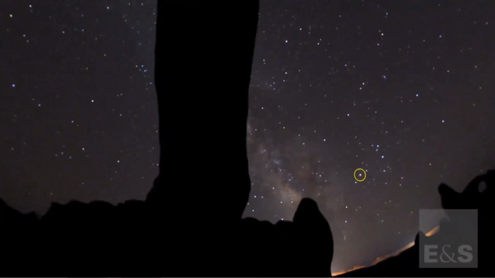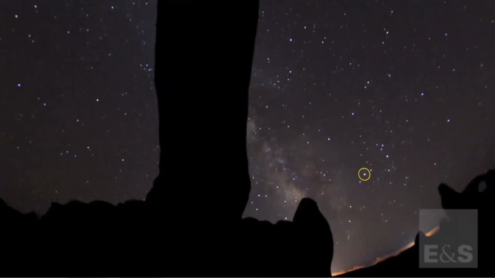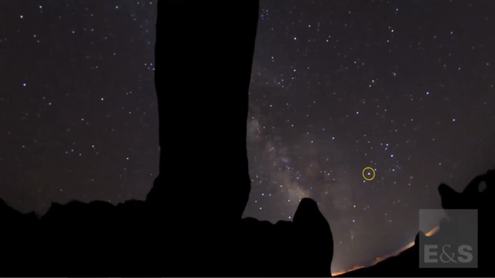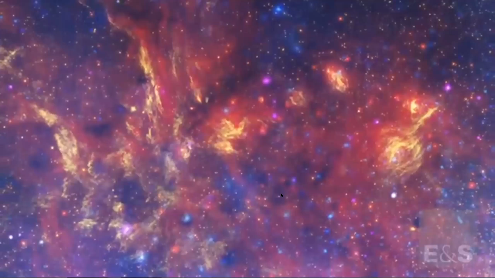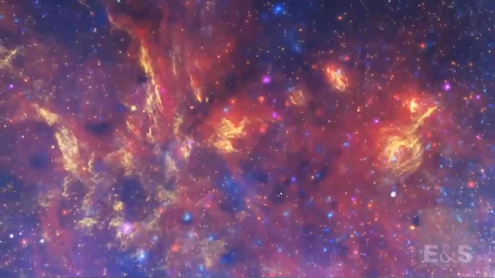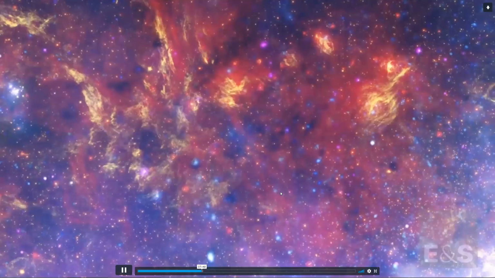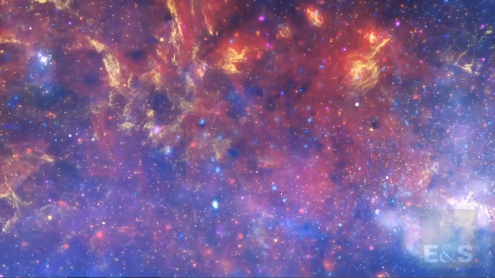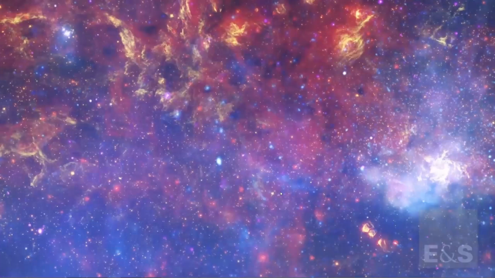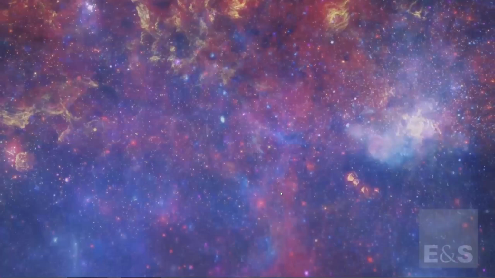It lies in the direction of the center of our Milky Way galaxy. Seen through the eyes of giant space telescopes, the vibrant central region of our galaxy contains vast clouds of cool gas, dust, young stars, older stars, and the debris of dead stars.